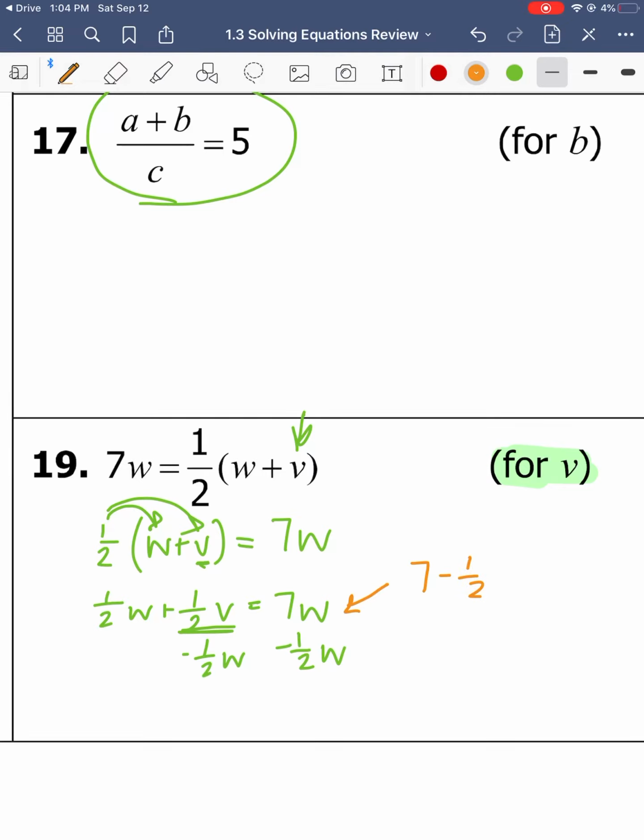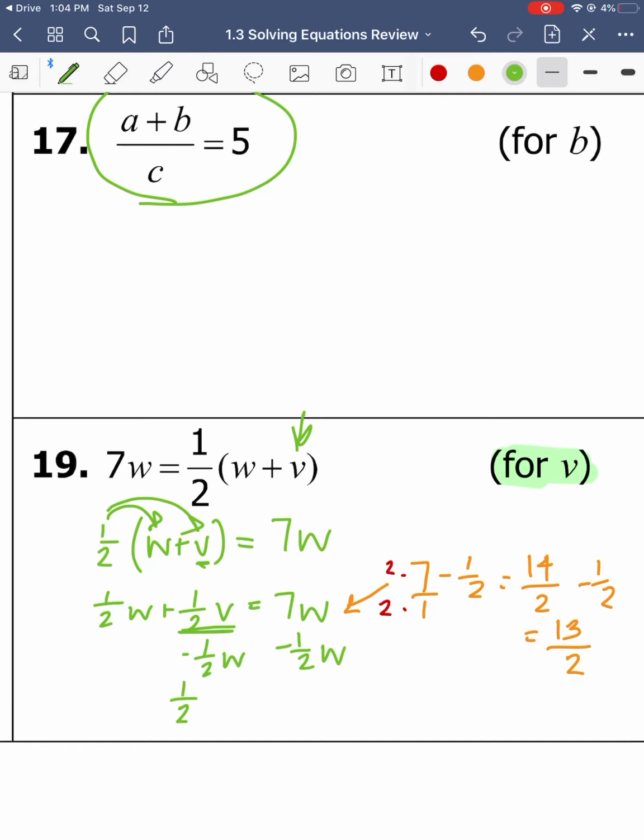To find a common denominator, this is 7 over 1, we'll multiply 7 over 1 by 2 over 2. Okay, and that gives us 14 over 2 minus 1/2, which equals 13 over 2. So that's what the right side is going to reduce to.